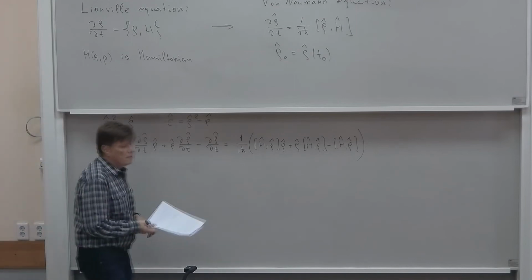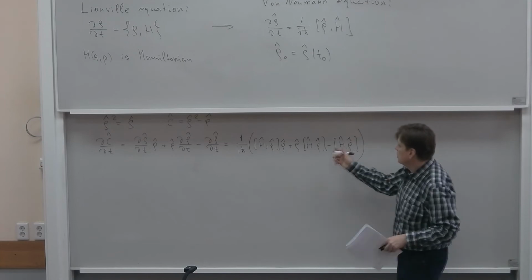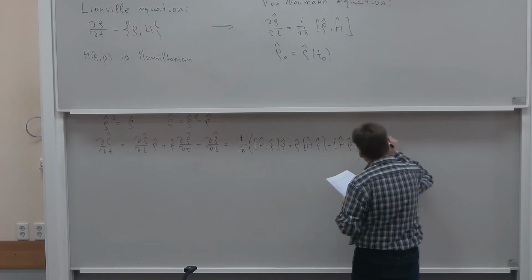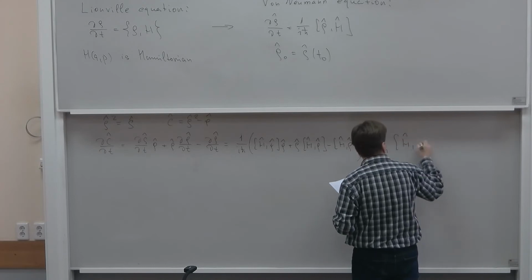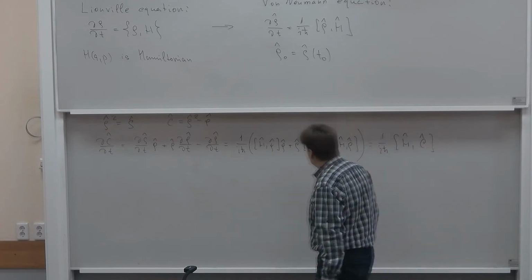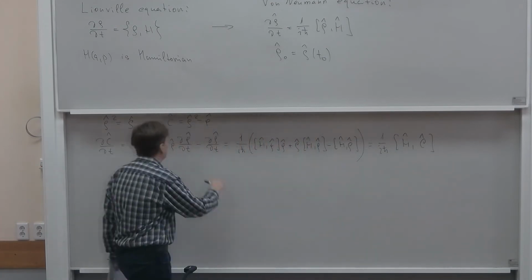Okay? And finally, we can combine all these terms into the commutator of the Hamiltonian H with the operator C. So this is nothing but the commutator of H with C, given by this difference.